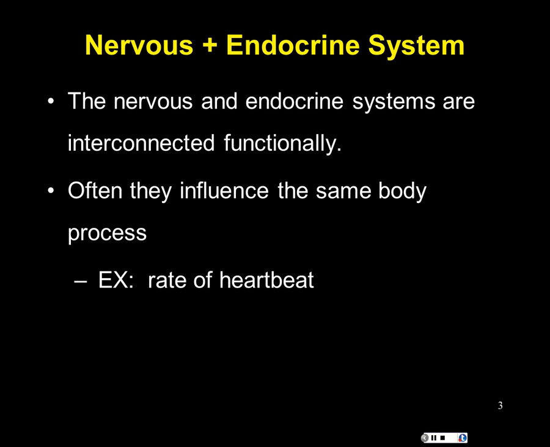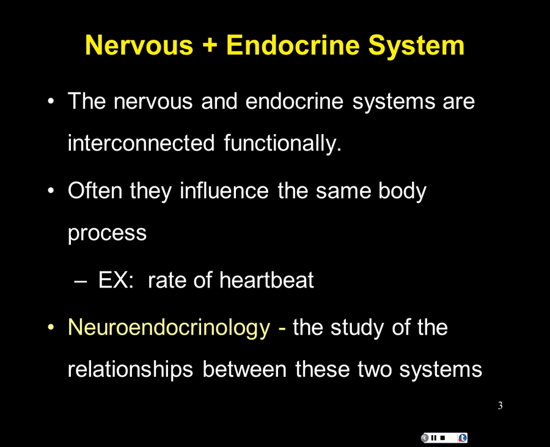An example is the control of heartbeat. If I want to slow down the heart rate, which system controls that? We learned last unit would be the parasympathetic nervous system. However, I can speed up the heart by utilizing a neurohormone from the adrenal medulla. Okay, so that can be controlled by both the nervous system and the endocrine system.